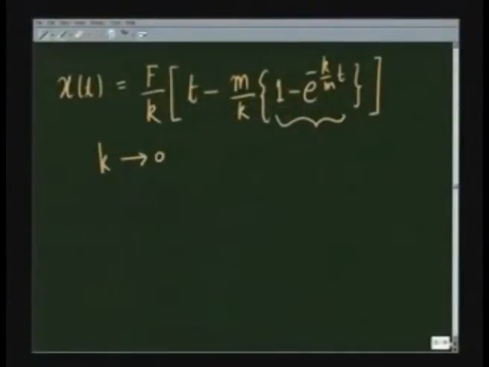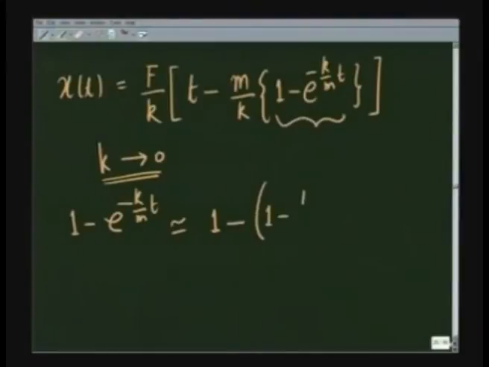So I am going to expand this term, keep terms up to order K, and see what happens. In the limit of K going to 0, if K is really small for any t, I can write 1 minus e raised to minus K over m t approximately as 1 minus K over m t plus half K square t square over m square.